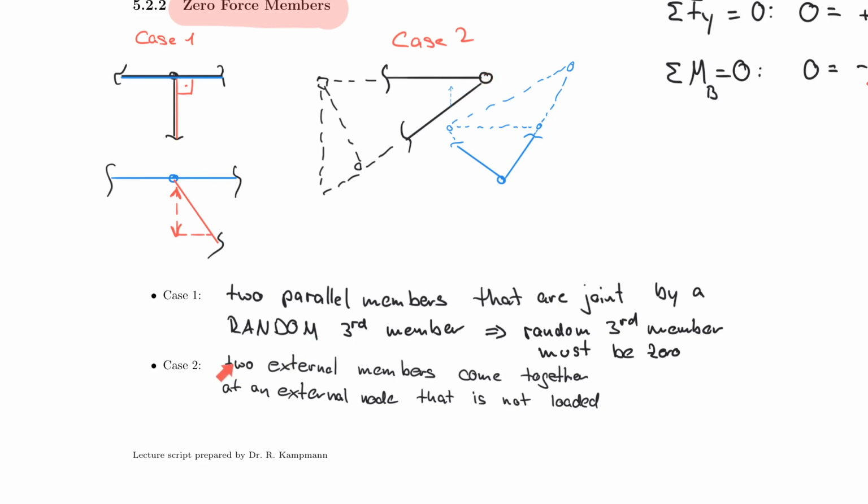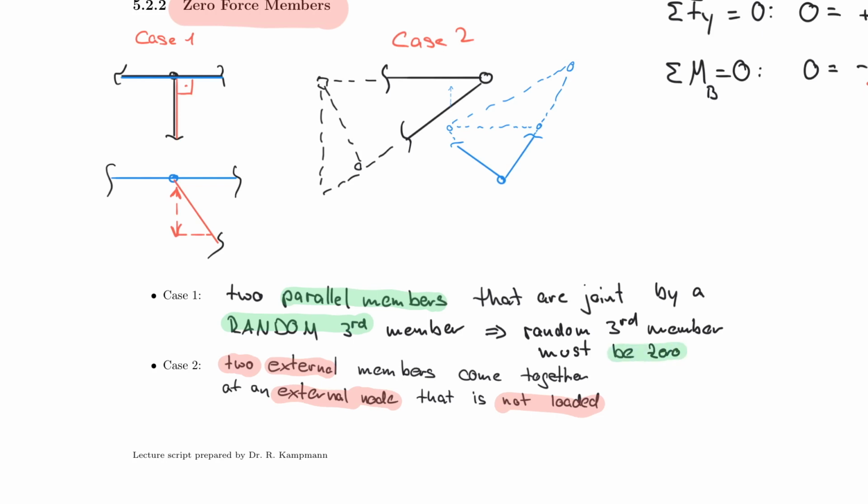Please note the word 2 here. In fact, let's highlight it: the word 2 is important, and external node, and not loaded. And since we're highlighting, for the parallel members joined by a random third one, the random third one must be 0.